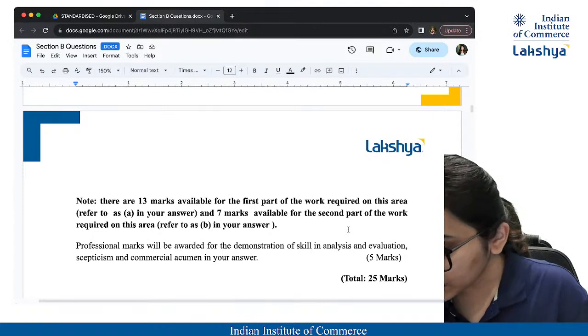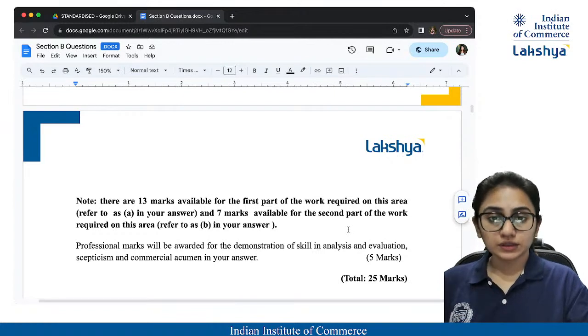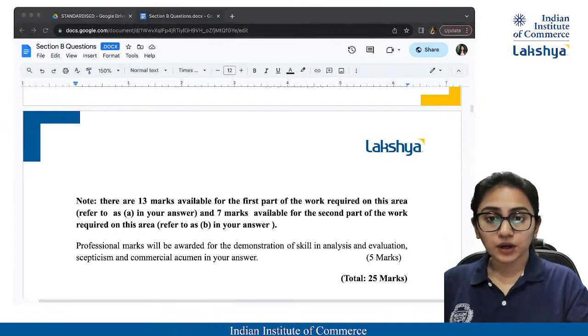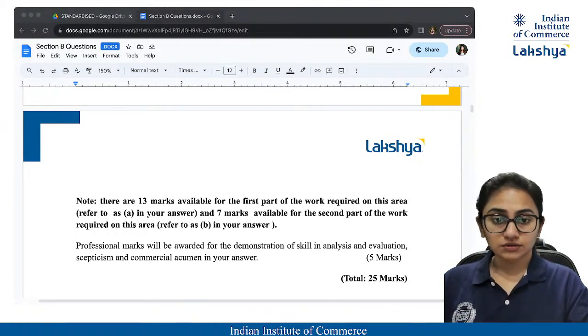So the first part is the 4 operational headings that you have to do in the performance pyramid. Now just give me 1 minute to open the answer sheet and then we begin, okay?